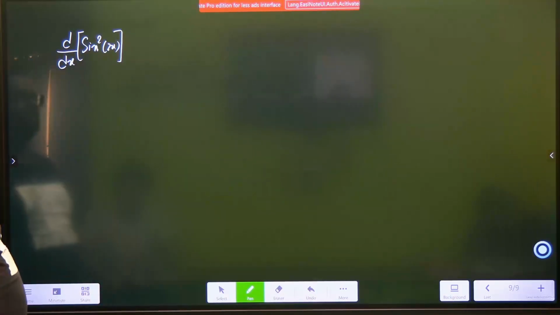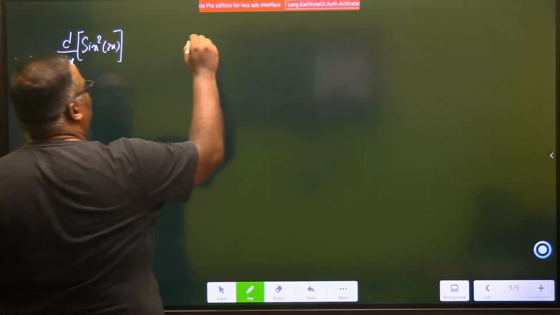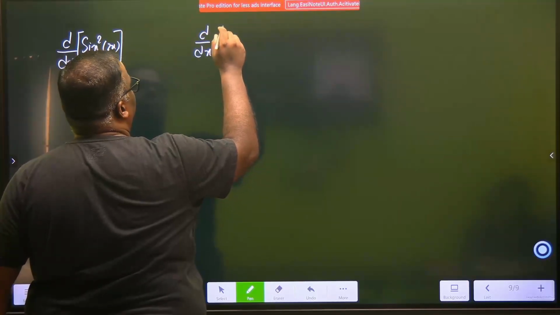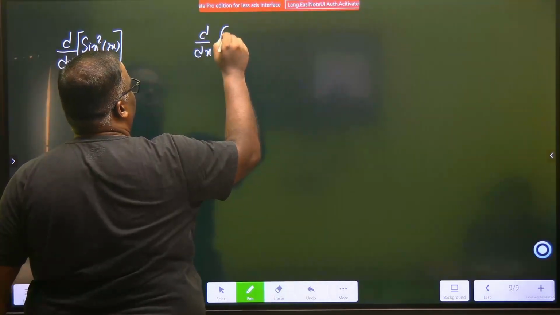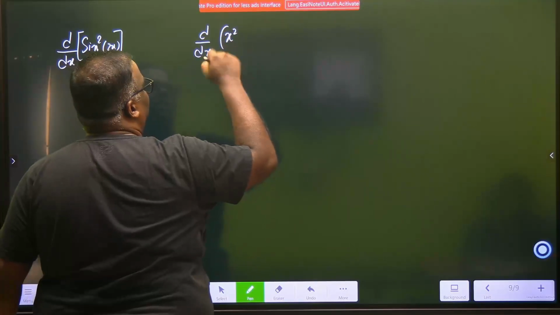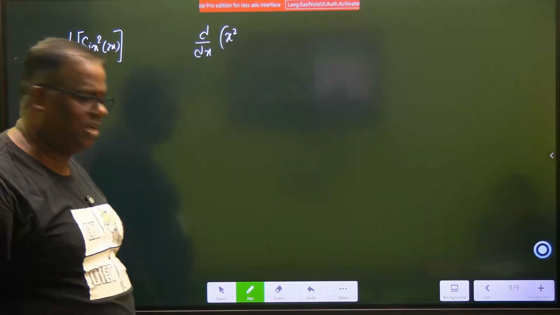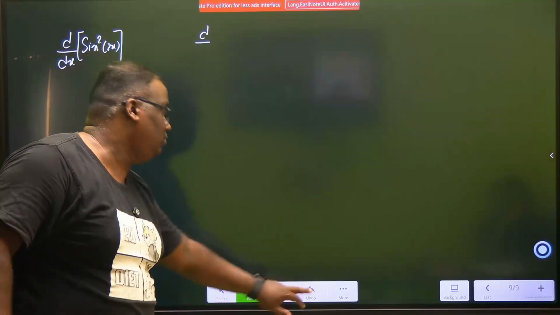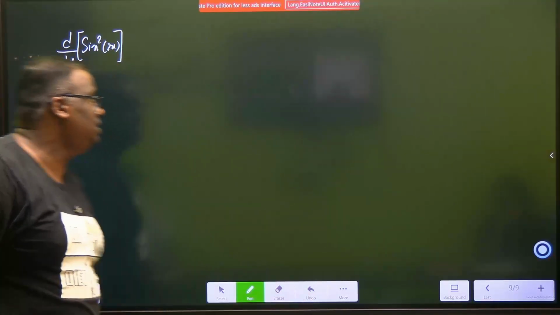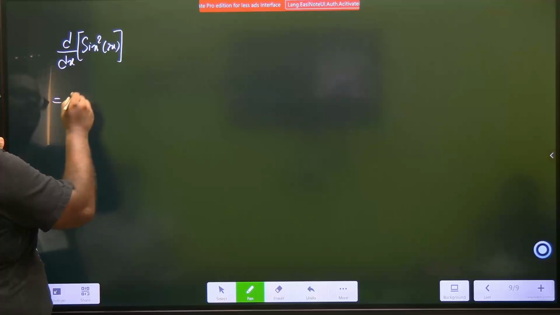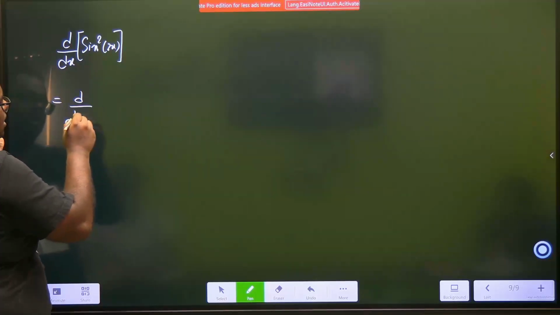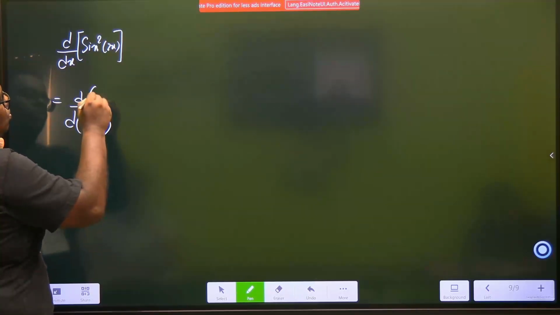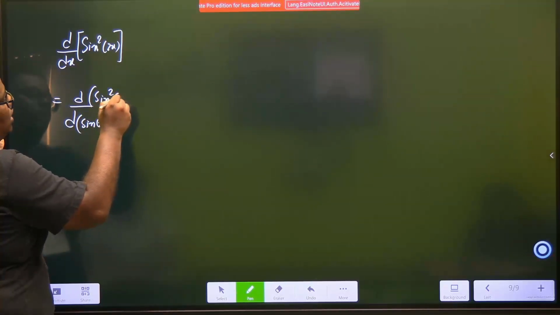Right? You just remember, if I write ddx of, say, x square, can I solve this? Yes, 2x. This is on the same line. So here I have to form the chain like this. What will be the chain? Just see. The chain will be d by d sine 2x into sine square 2x.